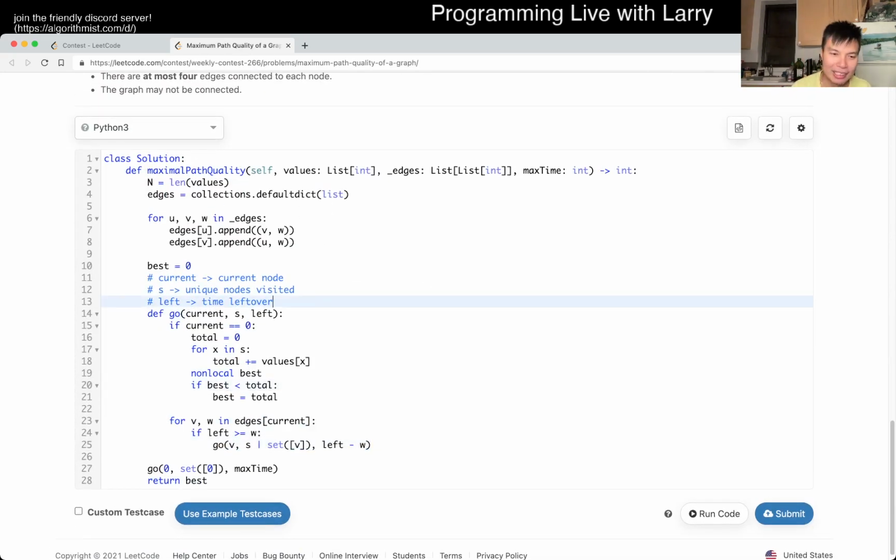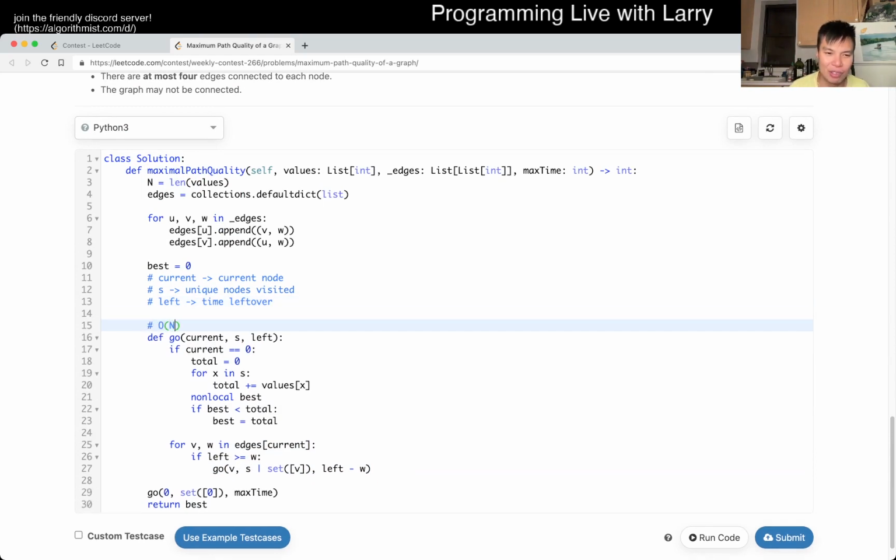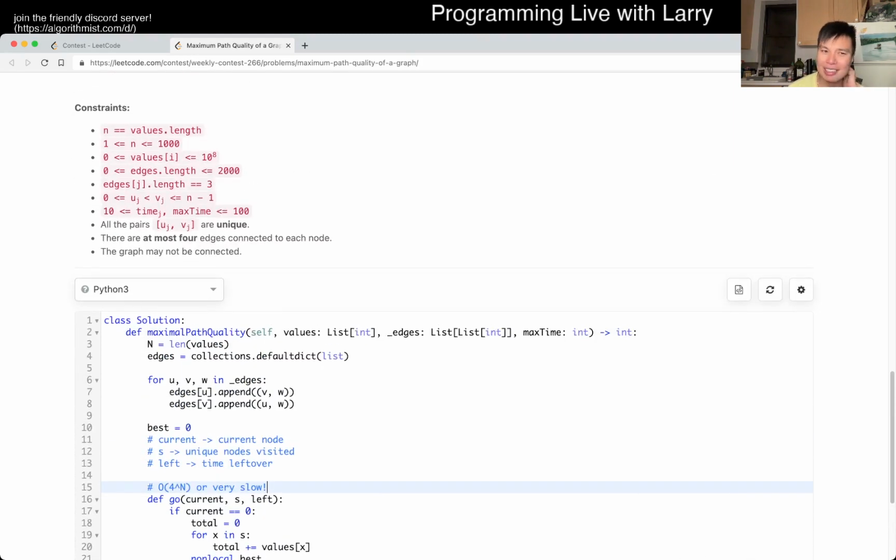In a very general case, this is 4 to the n, or another way to put this is very slow. So you may ask yourself, why does this work? That's the part that is a little bit awkward: noting this part, and reading this part correctly is the tricky part about this problem.